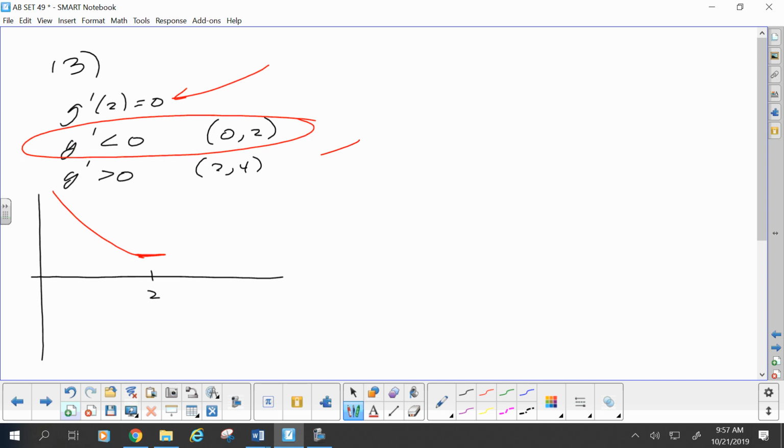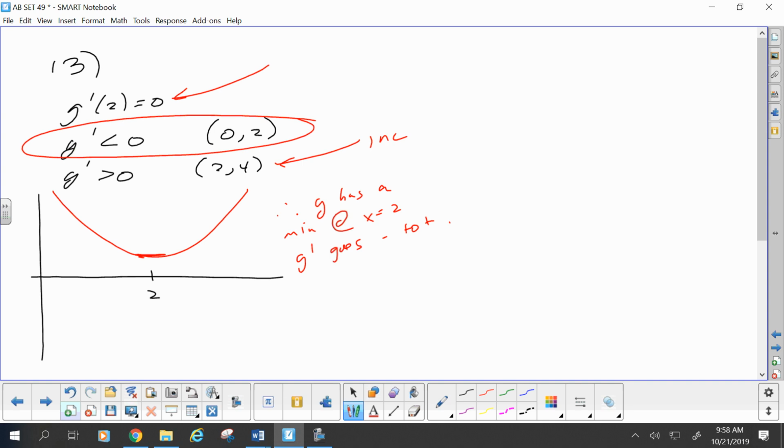And then what does this mean about going on after 2? It's increasing. And I think I also said what's going on there, min or max. Yeah. And you can see G has a min at x equals 2 because G prime goes negative to positive. Okay.